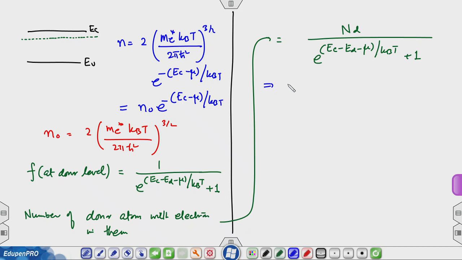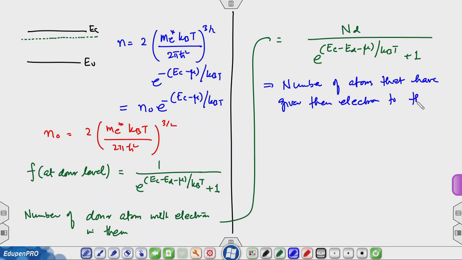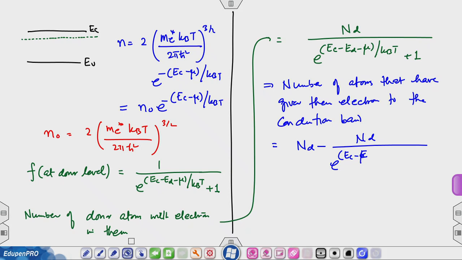And this means the number of atoms that have given their electron to the conduction band is equal to N d minus N d over e raised to E c minus E d minus mu over k b T plus 1.